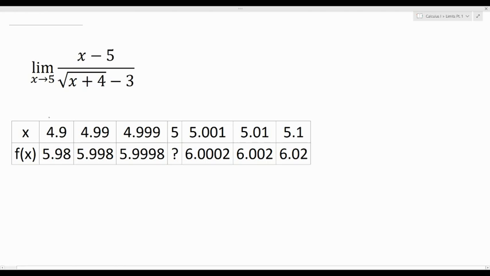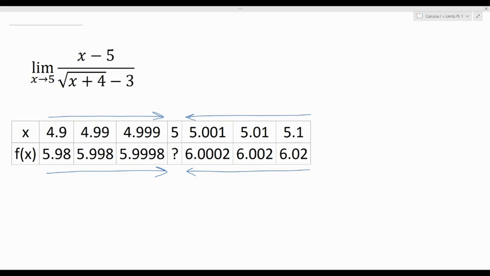Now, as x is getting closer to 5 from the left, it looks like the y values are getting closer and closer to 6. As x is getting closer and closer to 5 from the right, it looks like the y values are also getting closer and closer to 6.